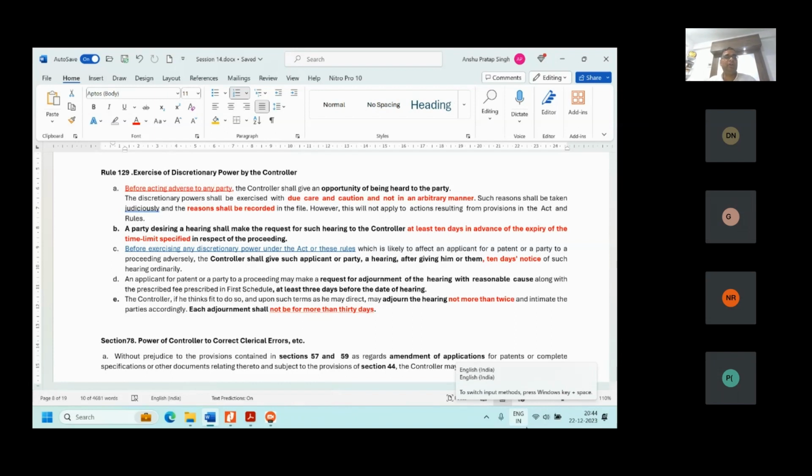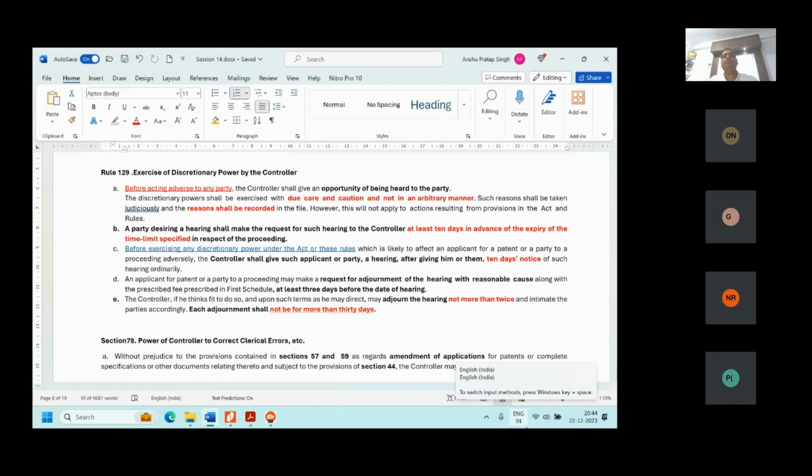You cannot say, I've given you an opportunity to come within 5 minutes. This is not an opportunity to be heard. This is not a reasonable period. Controller cannot say, okay, come within 2 days. No, this is not a reasonable period. Statute prescribes 10 days notice as the minimum to be given to the other party for any hearing.